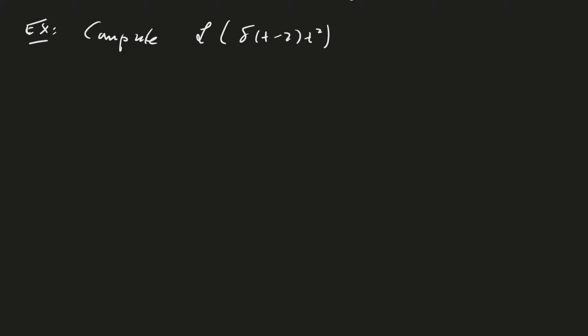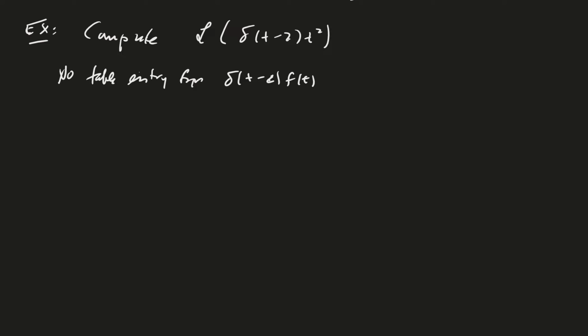Okay, so next is, let's compute the Laplace transform of the Dirac delta function of t minus 2 times t squared. And you'll notice that there is no table entry for the Dirac delta times f of t.